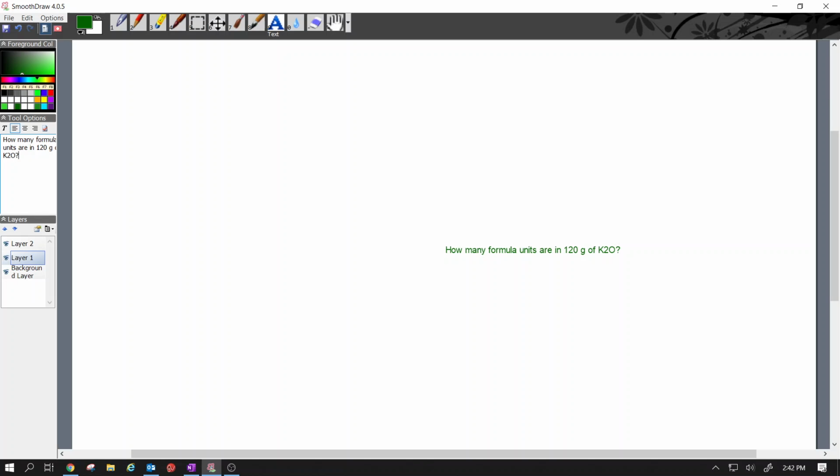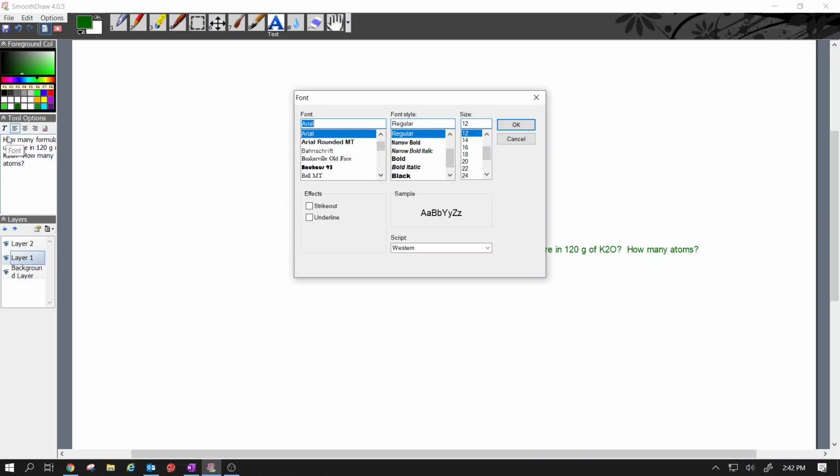And then how many atoms? All right. So we've got all that, and I'm just going to highlight that and maybe increase the size of it just a bit.